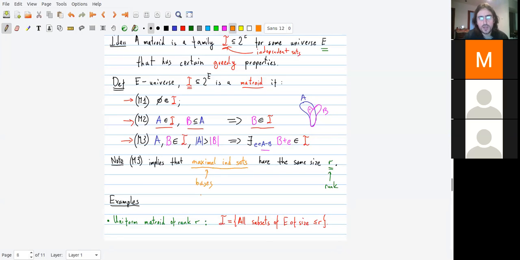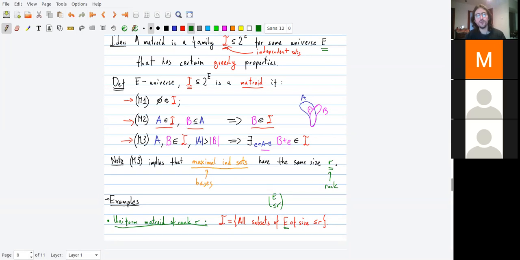Okay. Good. So let's see some examples. I think that you understand this notion once you see how it actually works in examples. So one example we have already sort of seen before, namely this is the uniform matroid. Namely, a uniform matroid of rank r is just all subsets of the universe of size at most r. Yeah, very easy. So E choose at most r.